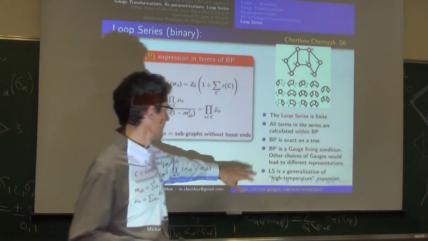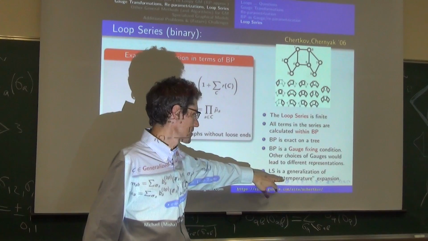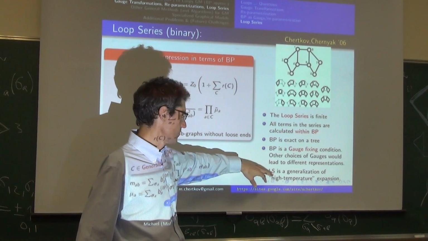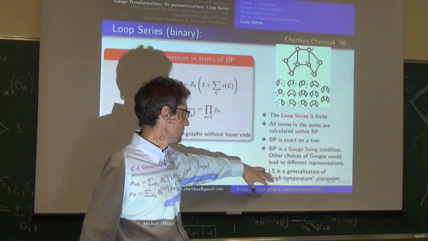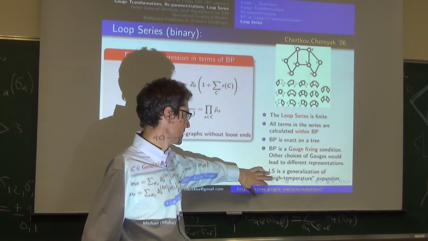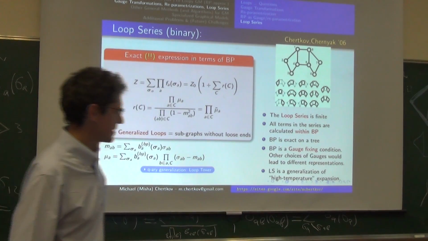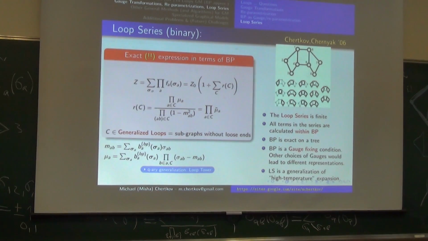Well, this loop series is equivalent to this high temperature expansion for that case, but in this case, the belief propagation solution is basically a trivial solution, a very simple solution. So you may think of it as generalizing this high temperature expansion.